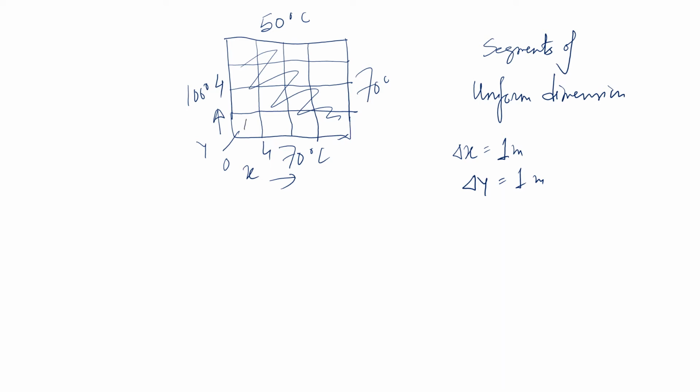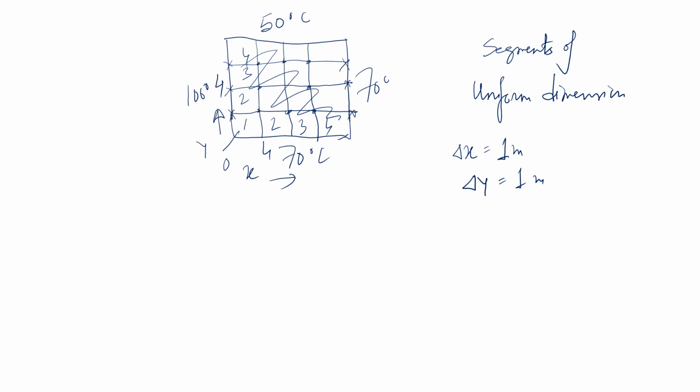So this is 1, 2, 3, 4 segments. This is 1, 2, 3, 4 segments, and in total 16 segments are there. So the junction points are this one, this one, this one. All these are the junction points.